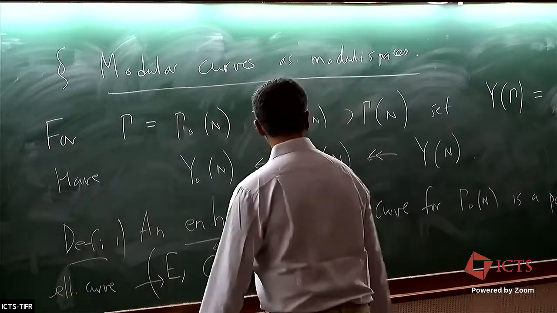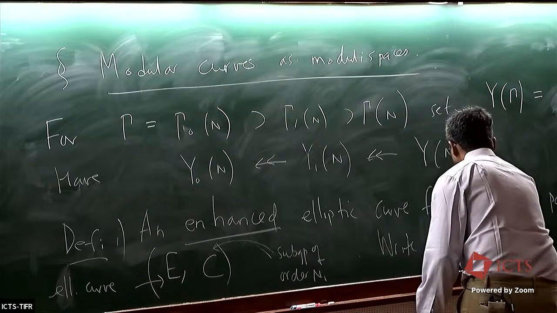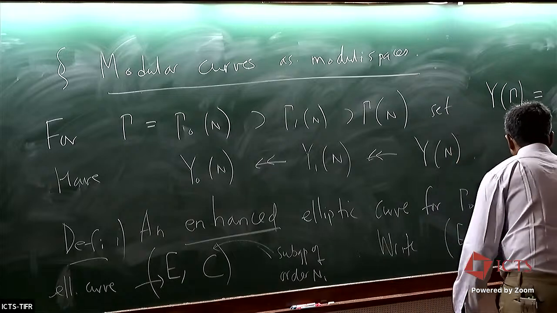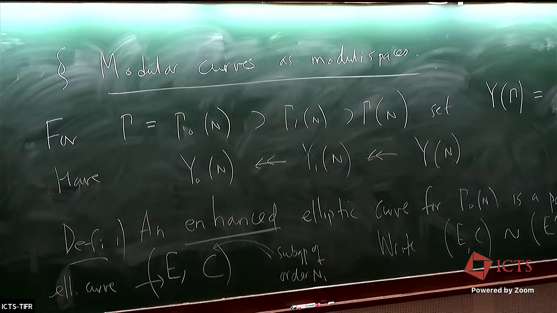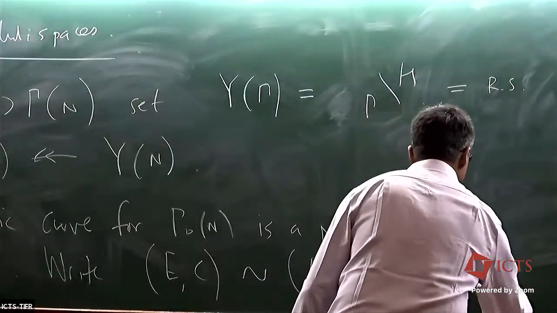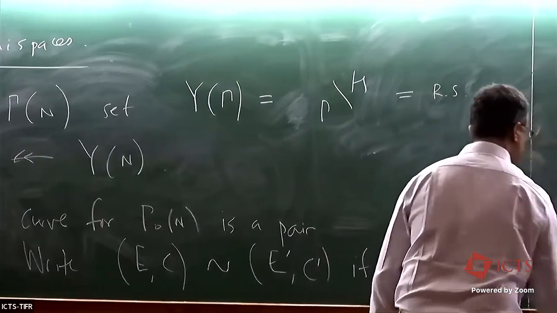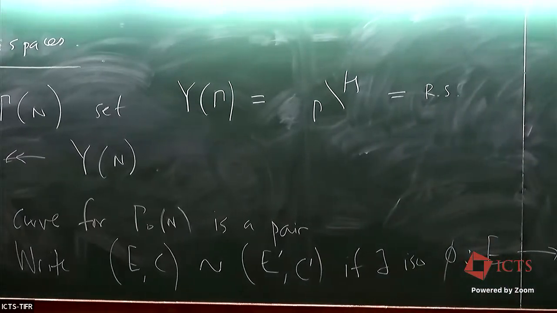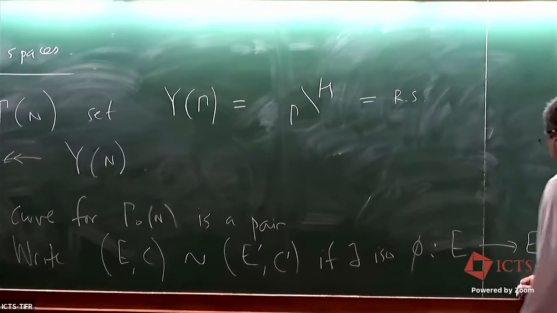So we write two such pairs, and we say they're equivalent if there exists an isomorphism phi. Remember, we classified such isomorphisms, basically multiplication by non-zero complex numbers from one to the other, taking C to C prime.